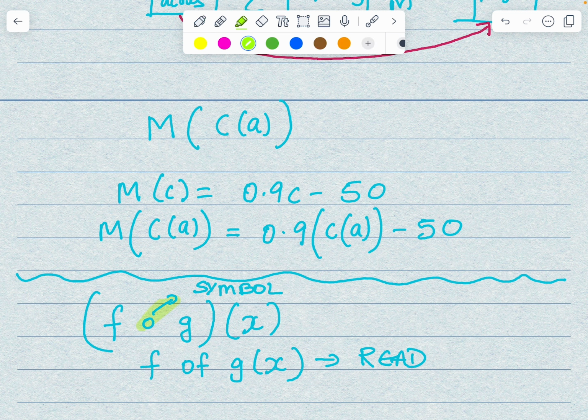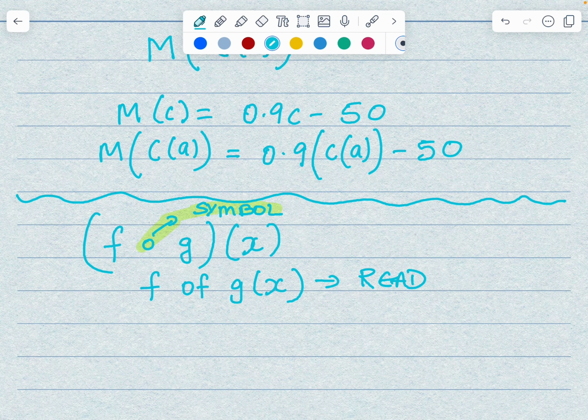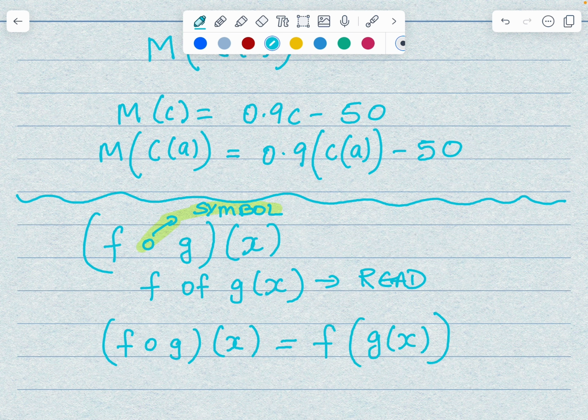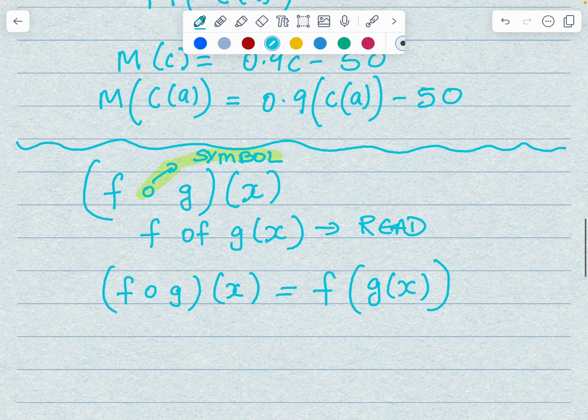Okay, this is the symbol. Now, how is this defined? f of g of x is defined as f, but instead of just having a variable, we're going to have a function. So we are very used to f of 2 or f of 5.